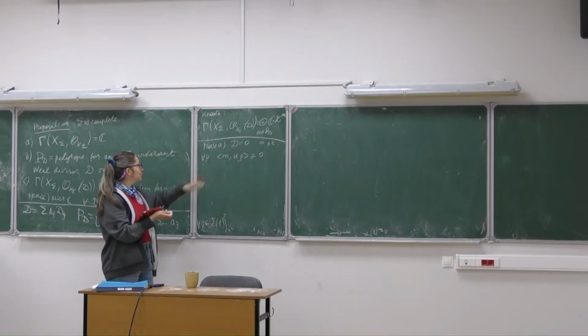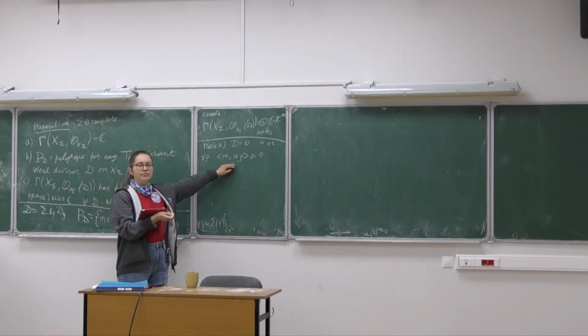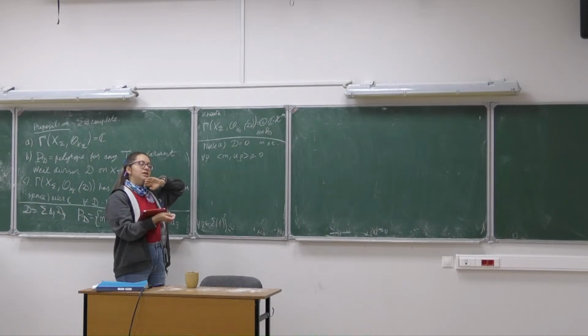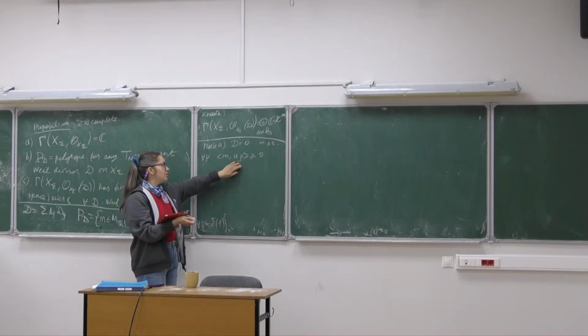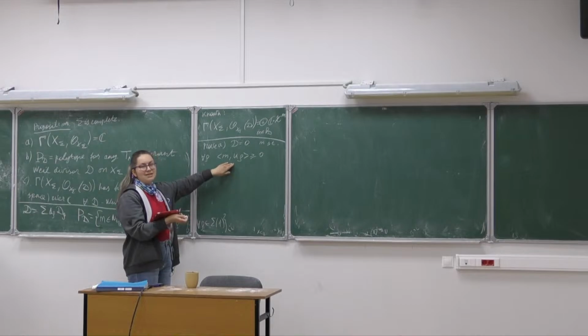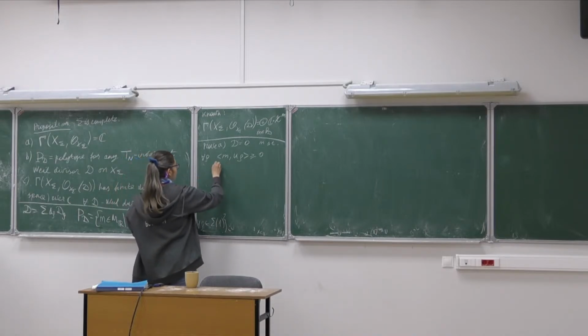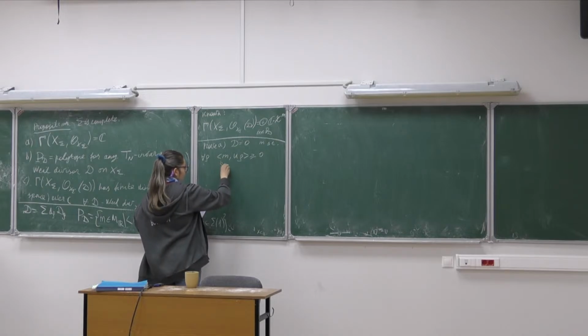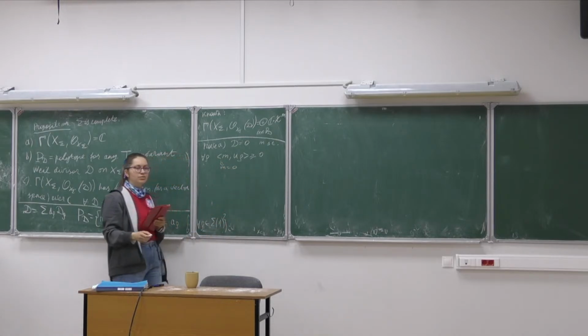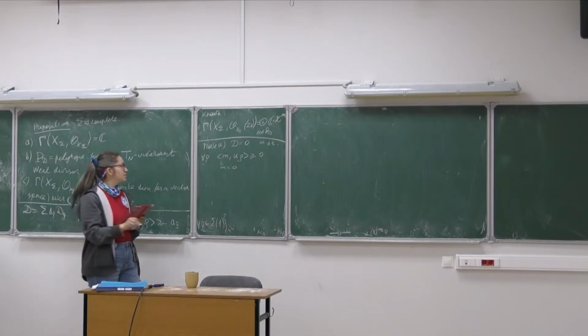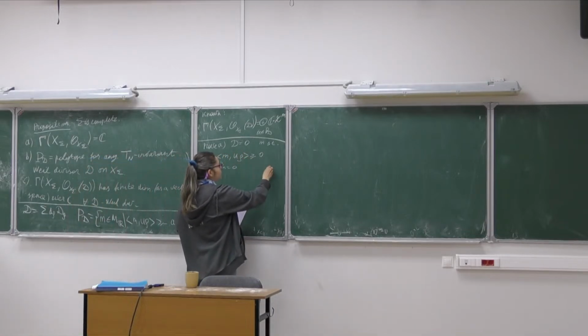But if this is true for a complete fan, then there is an integer combination with positive coefficients of u_ρ which equals 0. And so we obtain that m equals 0. Is it clear? It is just a geometric fact.